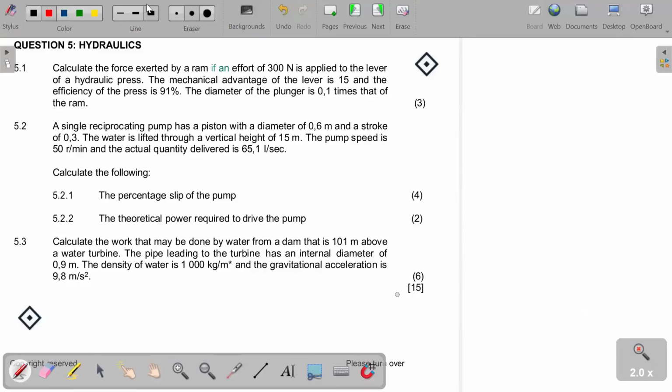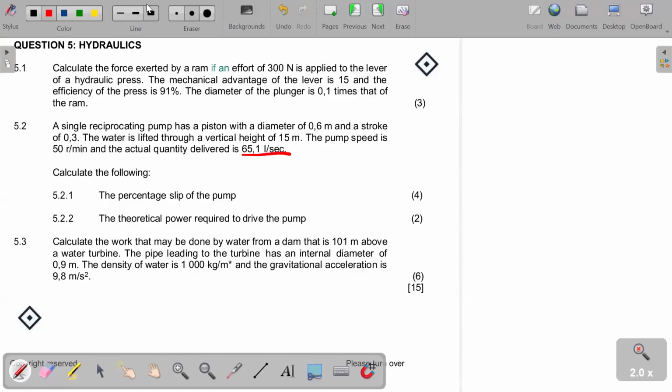First things first. Now that we have the actual quantity, we may want to calculate the theoretical volume, because the actual volume was determined when the slip was included.